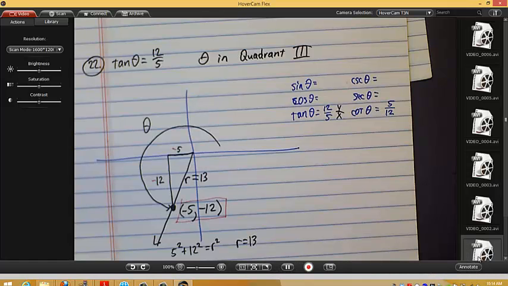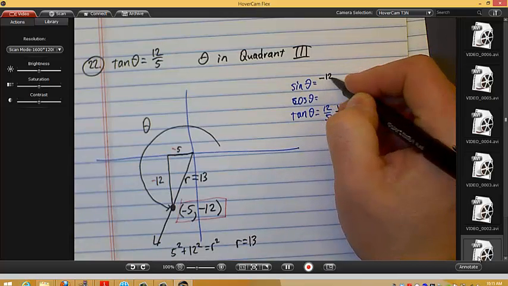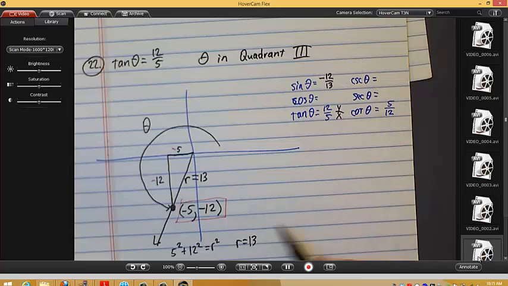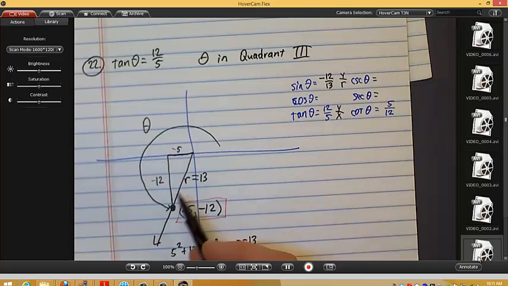I guess I'll just give you some answers then. So the sine of theta, right, is going to be, and you have to be careful here of your signs, it's going to be -12/13. Because, again, my definition is y over r, but y is negative because it's going down. Does that make sense?